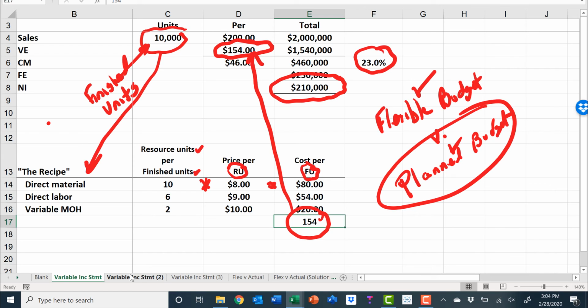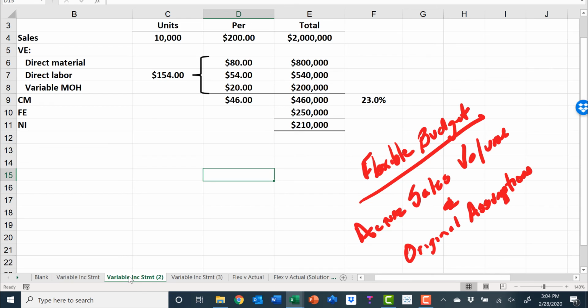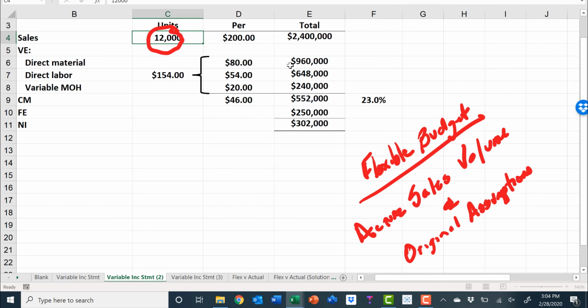The only thing that changes, okay, when I move into a flexible budget, the only thing that changes is going to be that number right there. So instead of my original plan of 10,000, my actual sales now, and it's given to you in the problem, are 12,000. And as a result, my income goes up because my volume went up. But remember what I said, okay?